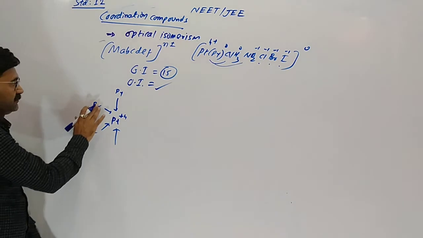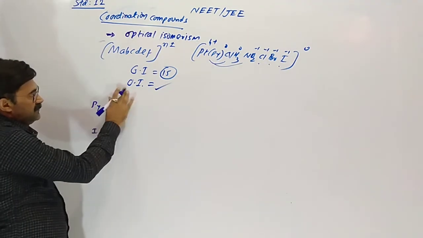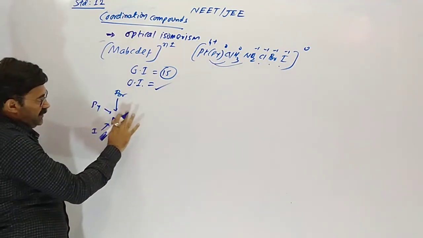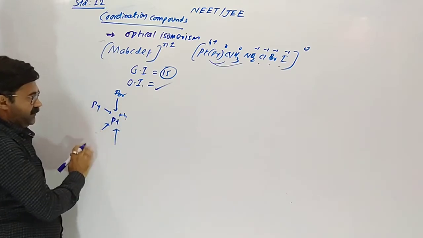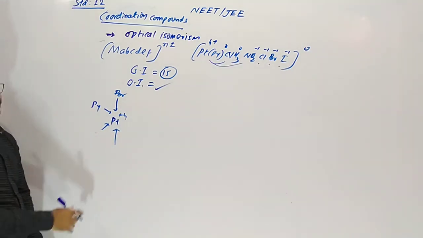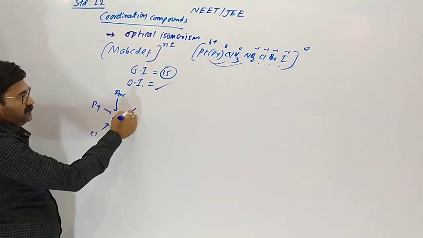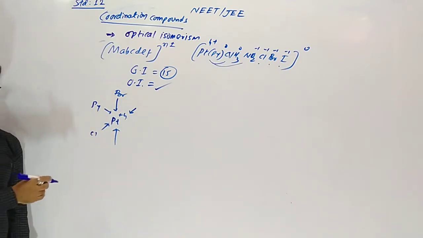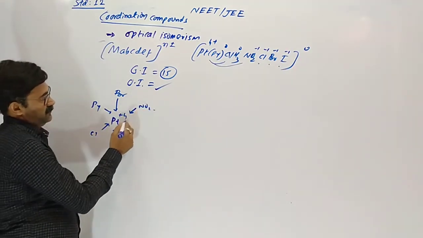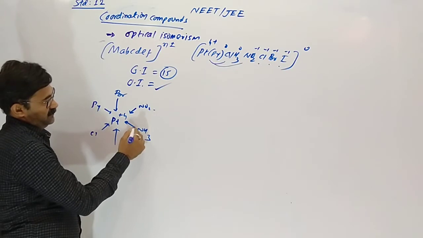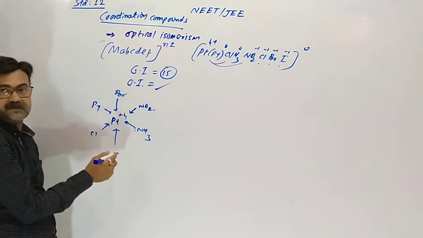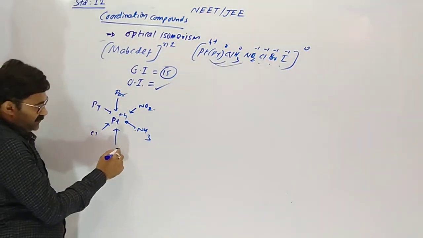Suppose pyridine we take here for convenience, Pt plus 4, then chlorido, nitro, amine, and remaining iodo.